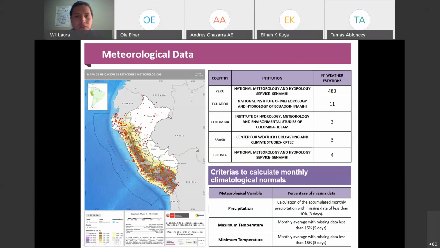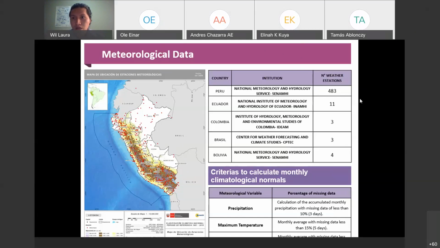The purpose of this was to get more meteorological information, to get a better estimation when we run the statistical model. So we count with a total of 504 weather stations.